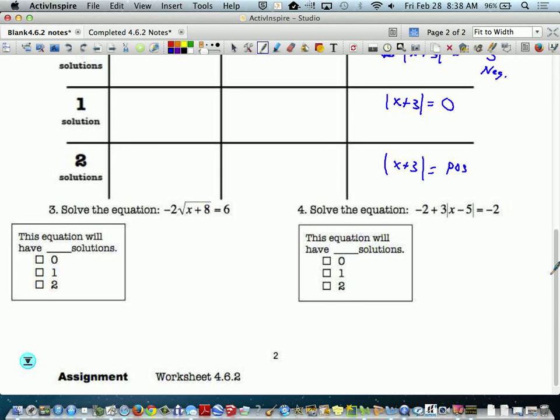Solve the equation. Before you do that, you should probably think about how many solutions you're going to have. So if I divide by -2, x plus 8 is equal to -3. So think of a number that when you take the square root, you get a negative solution.